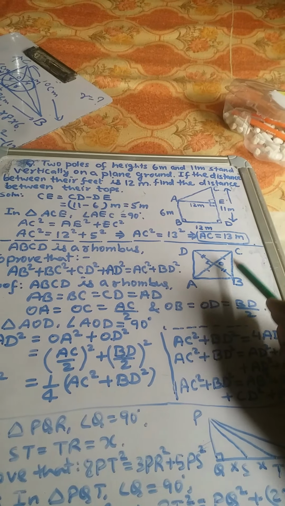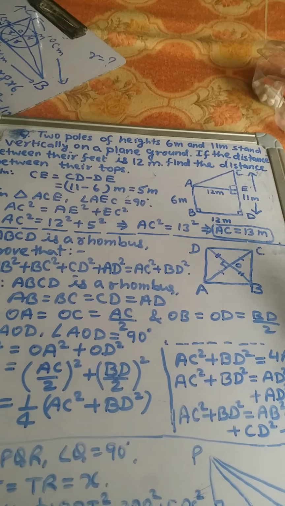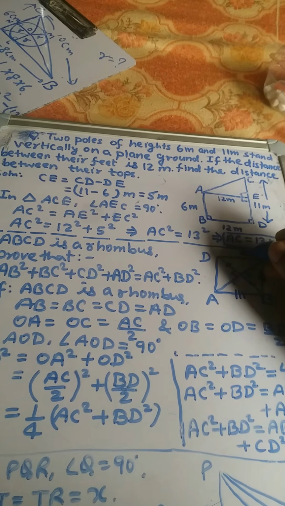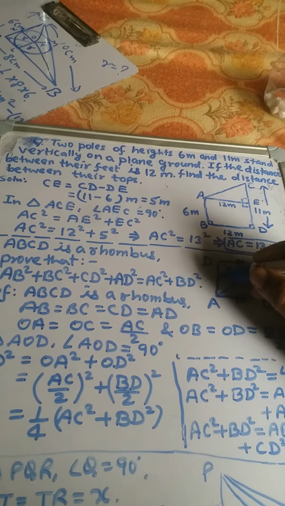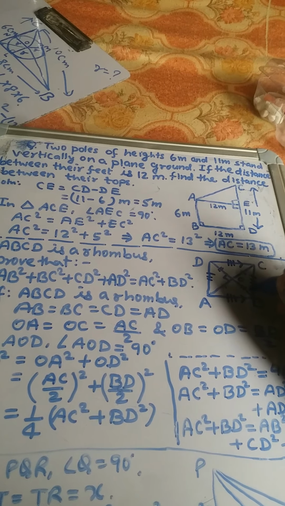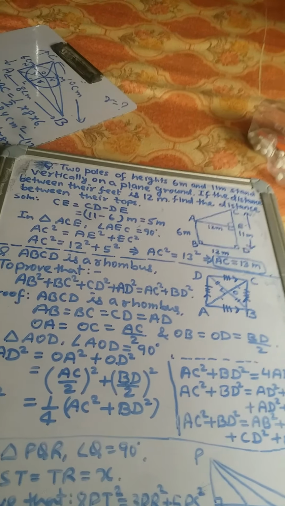That means OD equals OB, OA equals OC, and this angle is 90 degrees. As all sides are equal, we show triple marks on each side, and these opposite lines are parallel. That gives the meaning of a rhombus.